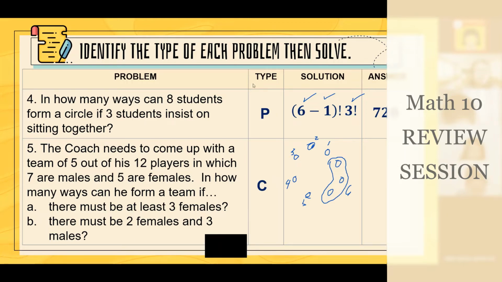Okay, let's solve now. Letter A first. It's combination, both are combination.